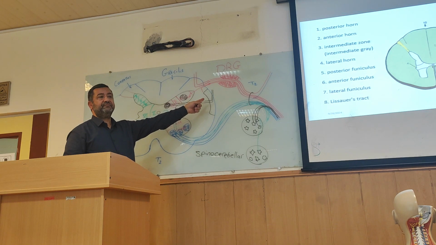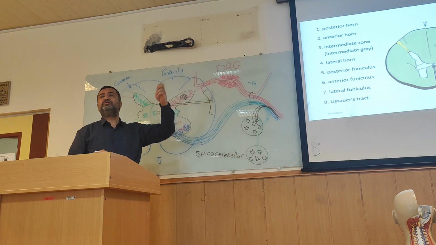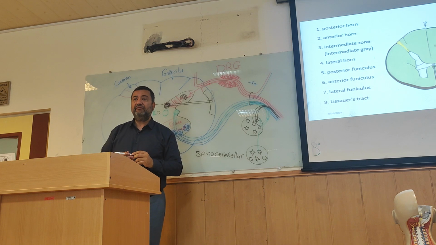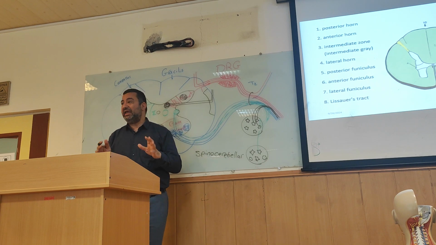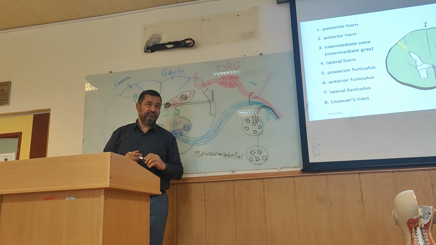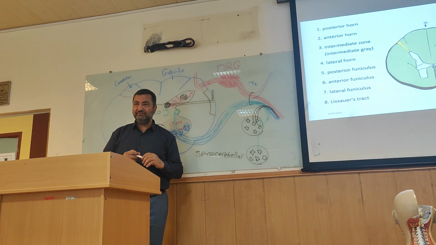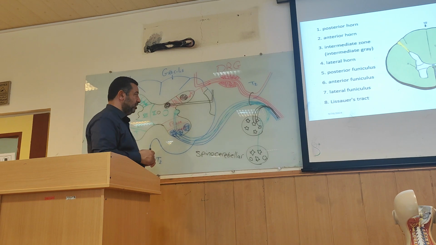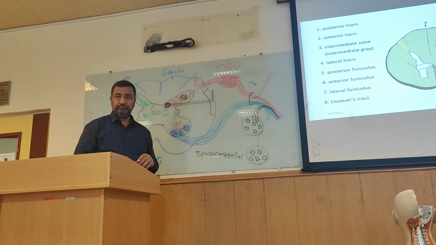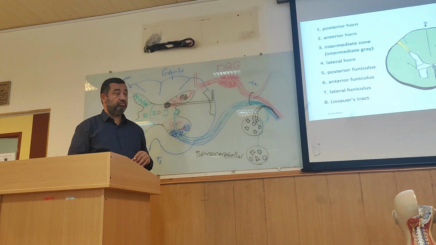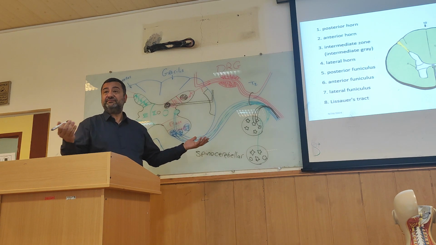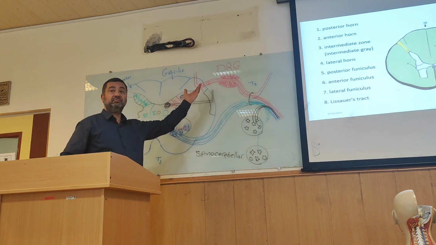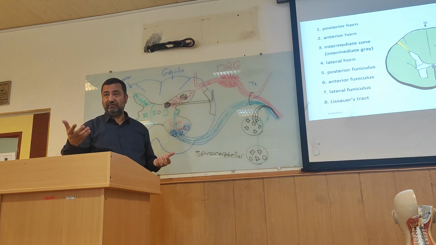These fibers enter into the cerebellum via the inferior cerebellar peduncle without any crossing. Is it clear? Yes. Without any crossing. Is the tract gray matter? No. Why? This is white matter. Tract is white matter. Tract means fibers.